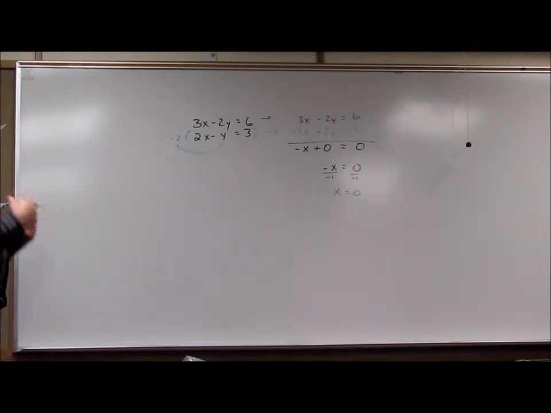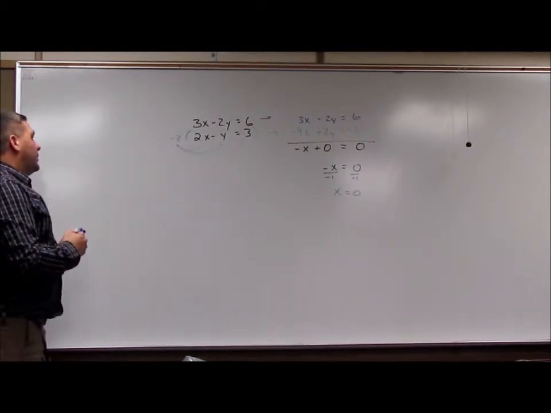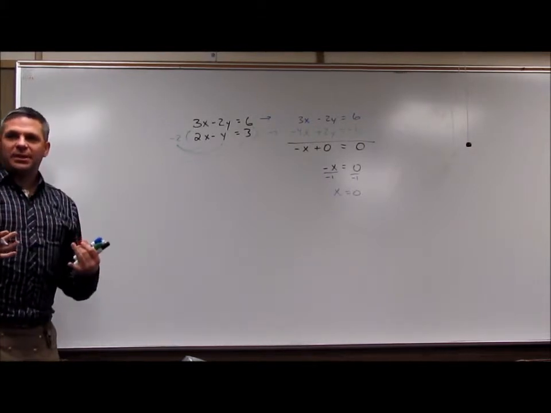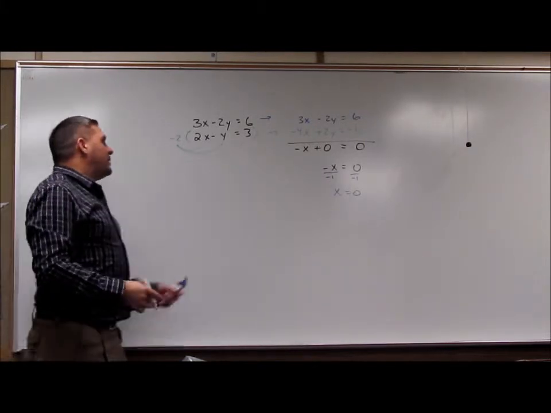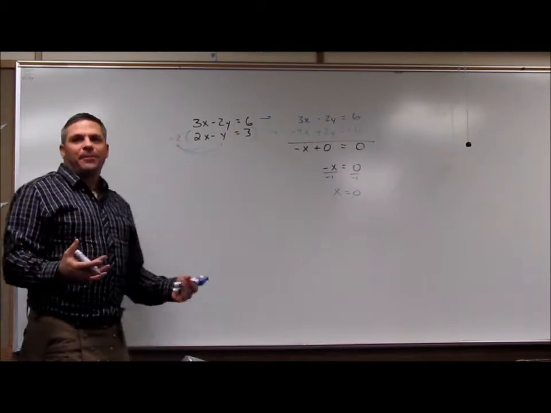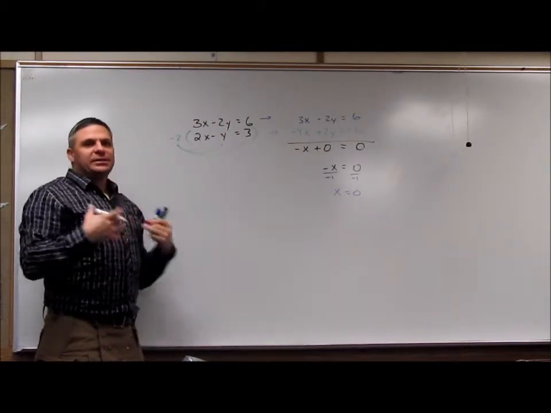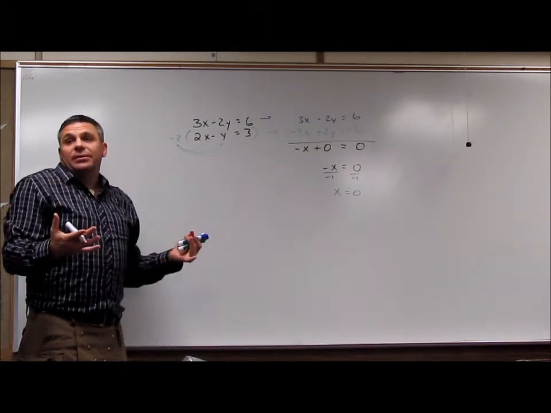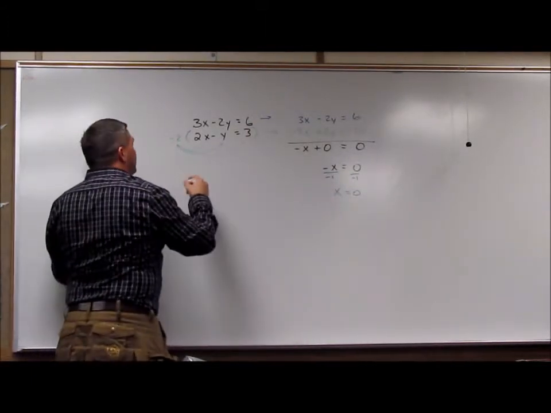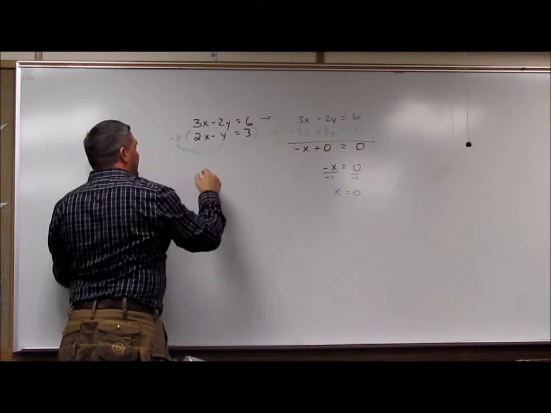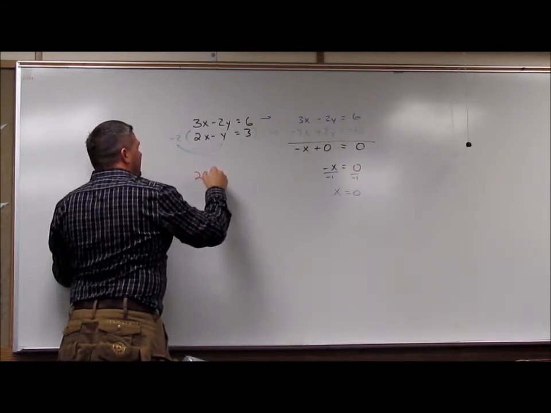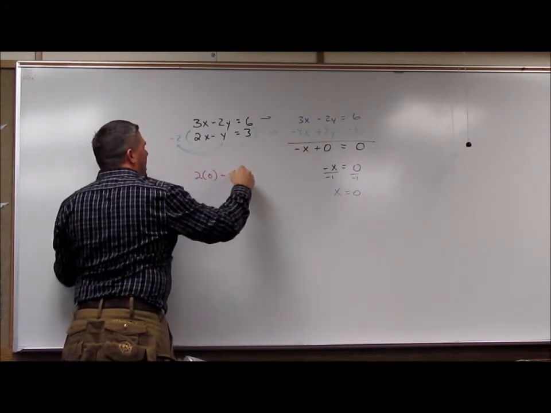So now I want to grab an equation that I can plug this into and solve relatively simply. We're solving for y, so we want to grab the easiest y, the 2y or a y, and in this case I would choose the y. So I would plug in the 0 for x and get 2 times 0 minus y is equal to 3.